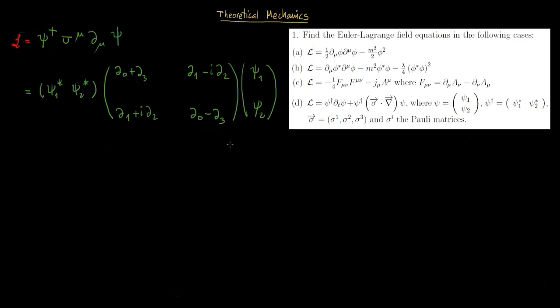So now we are in a similar situation, because there are 4 fields here: psi 1, psi 2, psi 1 star, and psi 2 star.